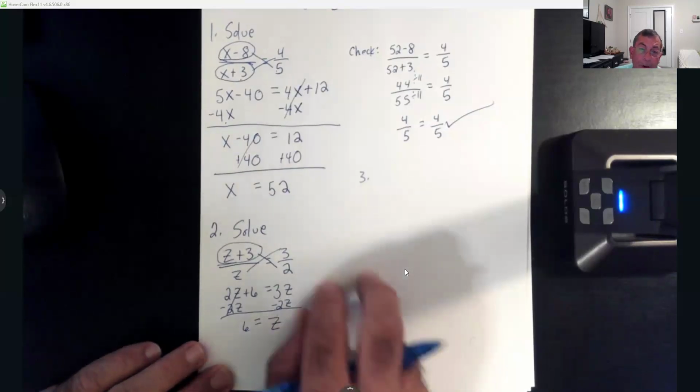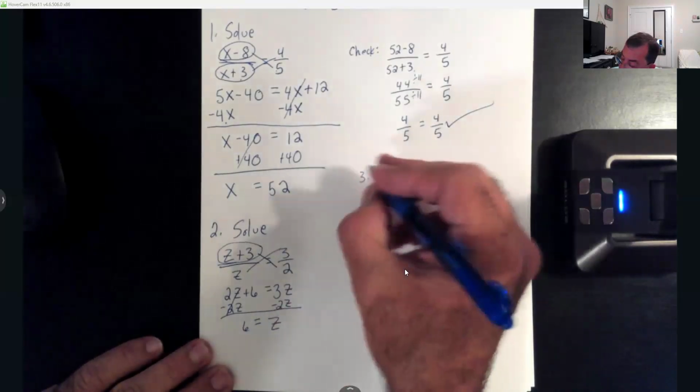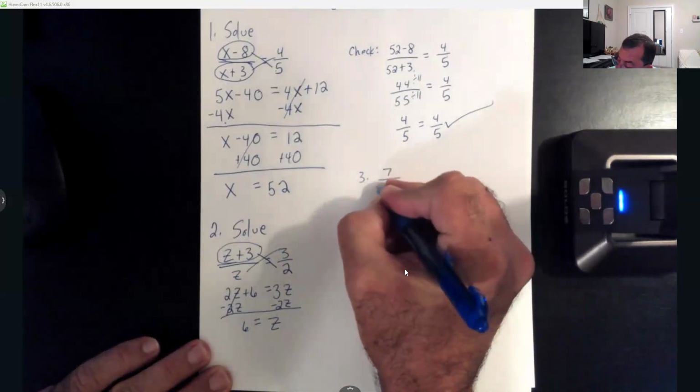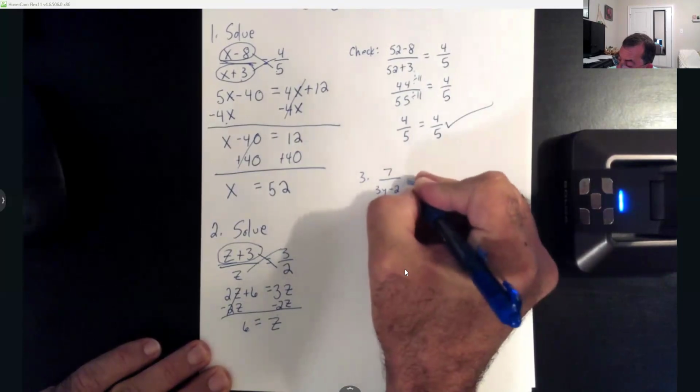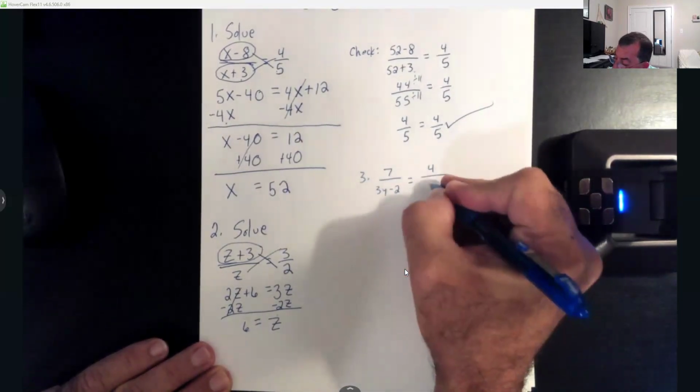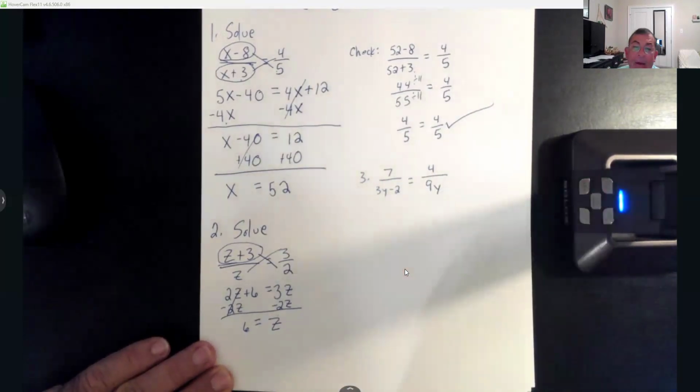And y'all, really, that's what the first 3 were doing. We're doing a lot of cross multiplying here. Number 3: 7 over 3y minus 2 equals 4 over 9y.